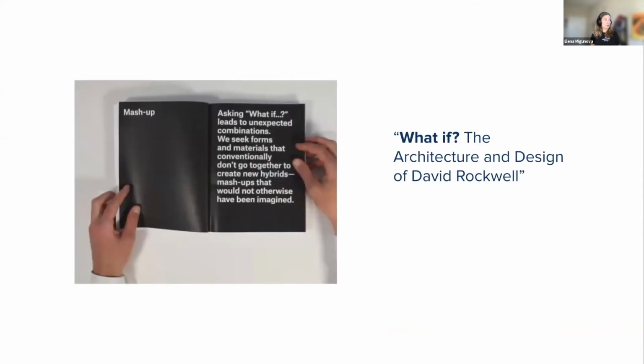And to give you an example, I'll bring an example of David Rockwell, who is a famous architect, and his book that he wrote on this concept of what ifing and putting together different mashups. So what is a mashup? It's a concept of things that don't really go together, but you get inspired and think about what if I put those things together and create an architectural concept.